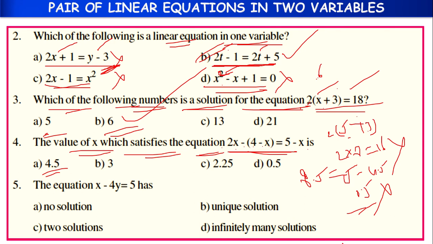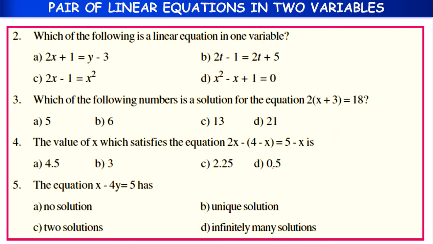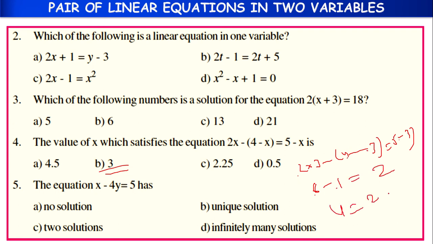Wrong. Next, 3: 2 into 3 minus 4 minus 3 equal to 5 minus 3. 2 into 3 is 6, 4 minus 3 is 1, 5 minus 3 is 2, 6 minus 1 is 5... that is, the left side does not equal 2. Wrong. 3 is the wrong option.